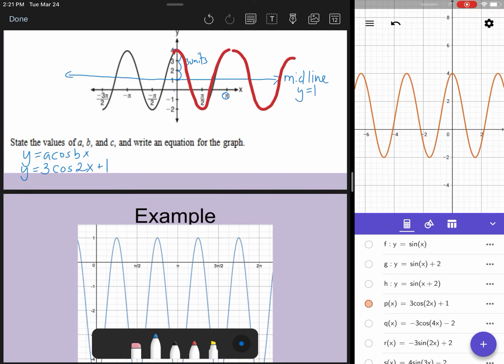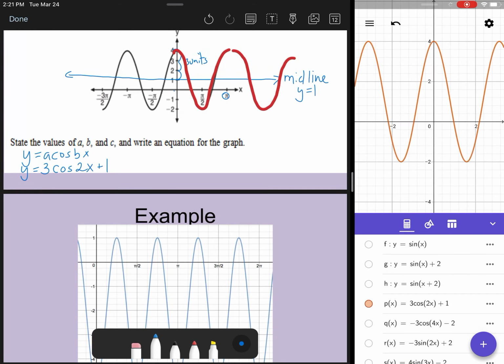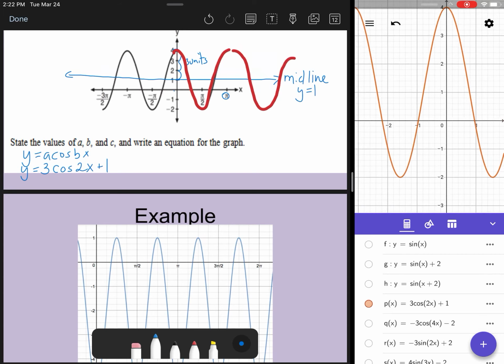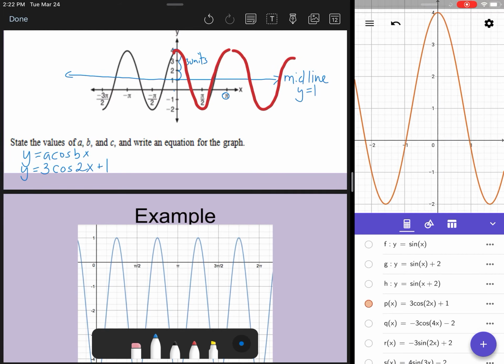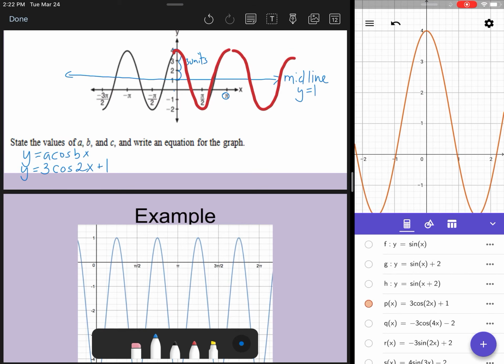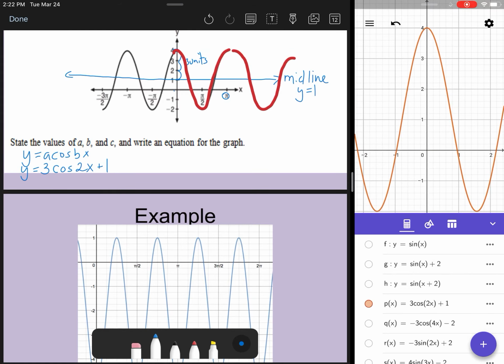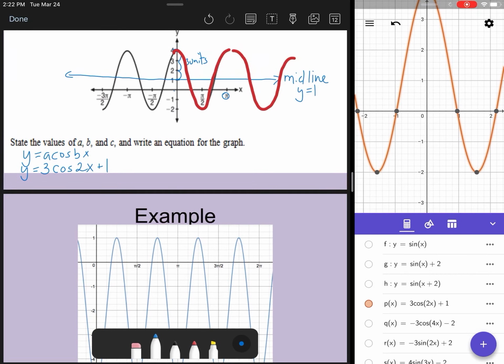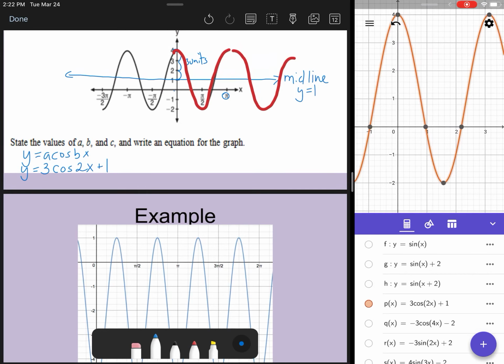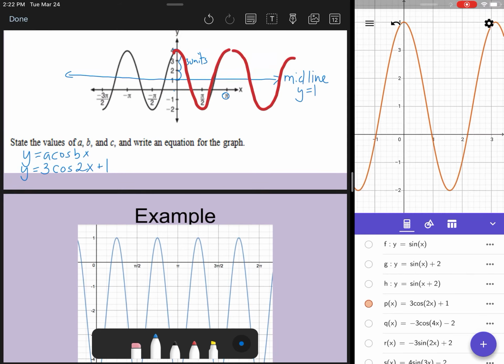y equals 3 cosine of 2x. And notice that that's what you're going to see if I just spread this out a little bit more. Notice that that's where it's intersecting the y-axis at 4, the highest point. The lowest point is -2.